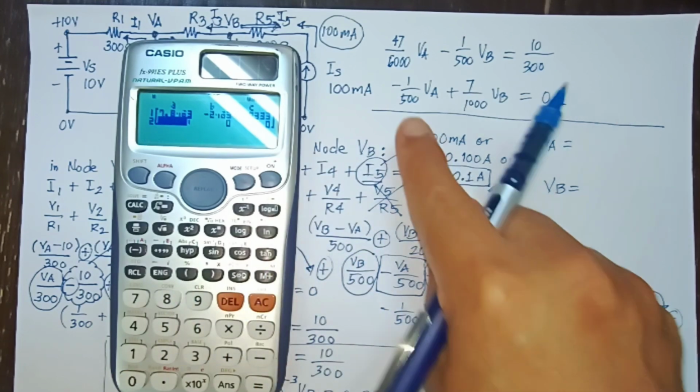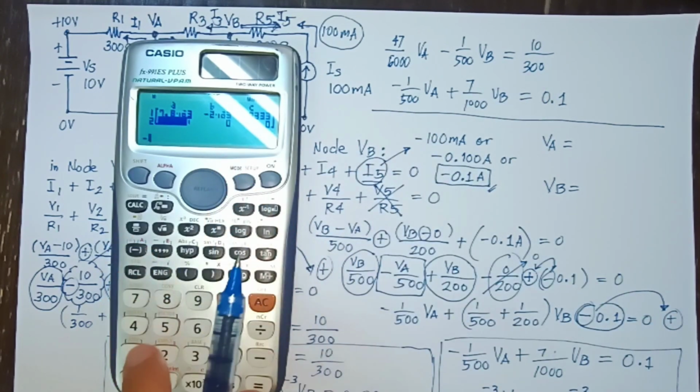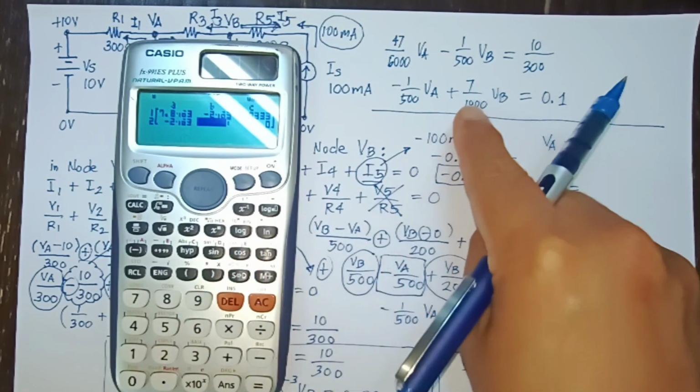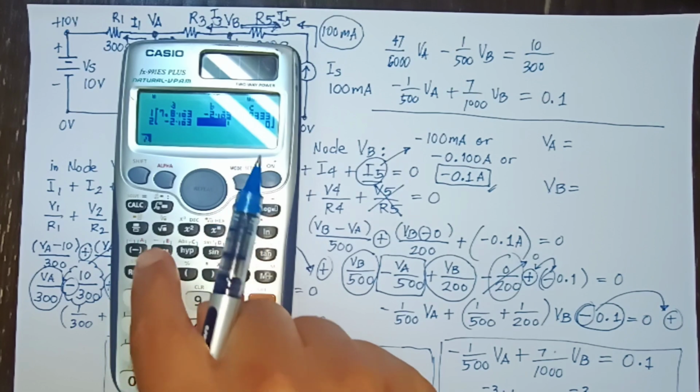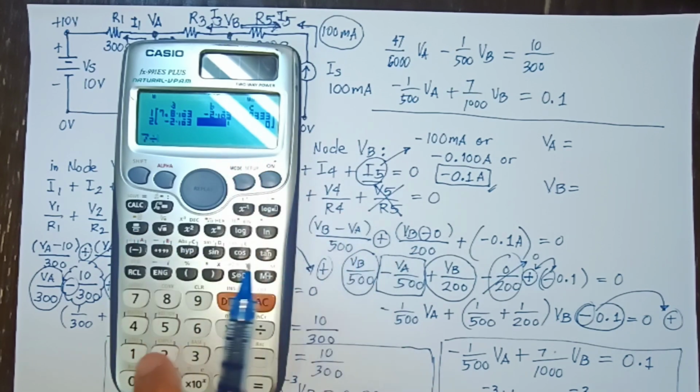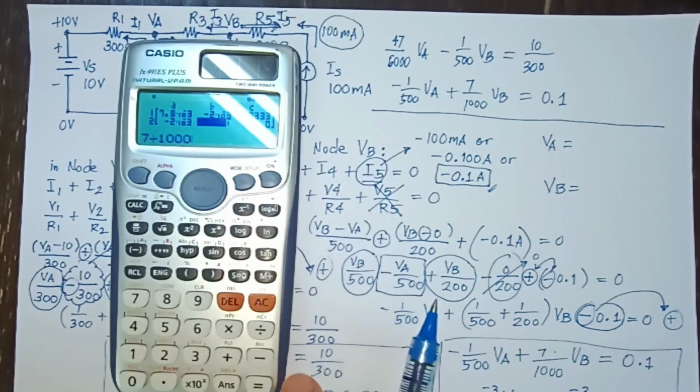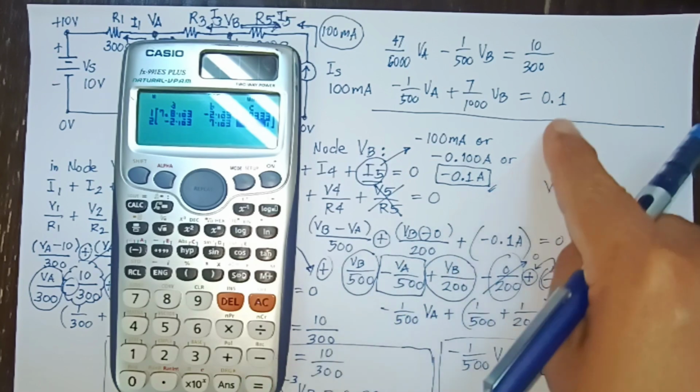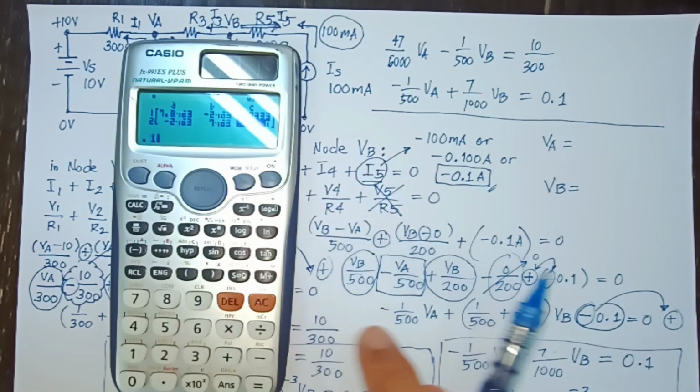Then enter the second equation: negative 1 divided by 500 equals, and then 7 divided by 1000 equals, and the last one is 0.1 equals.